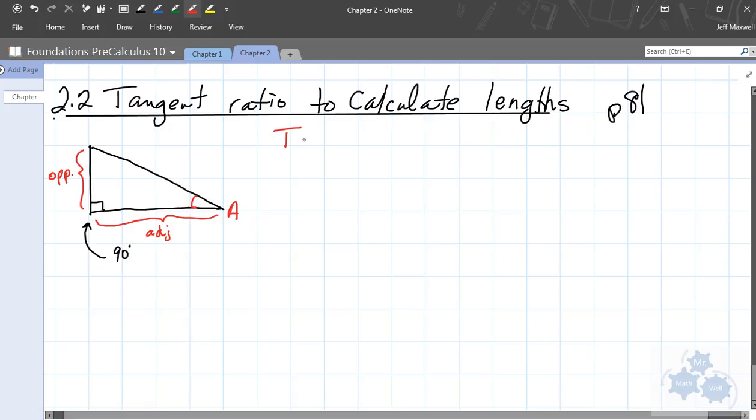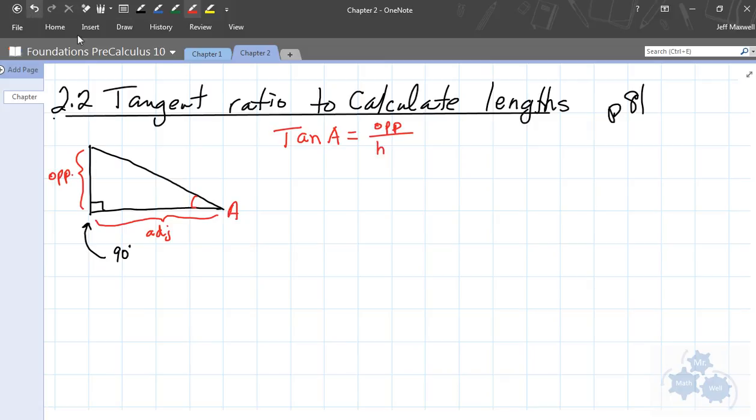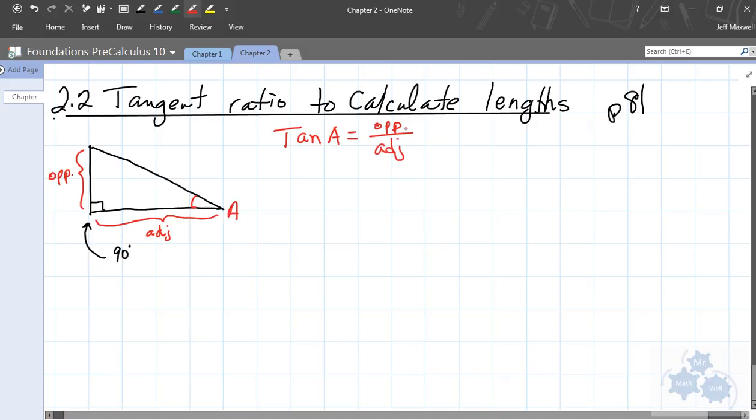So you have this as an equation: tan of A equals opposite over adjacent. You guys remember that, right?